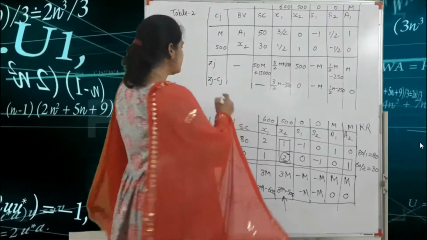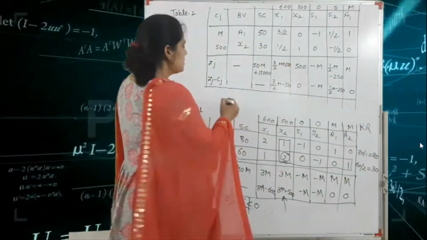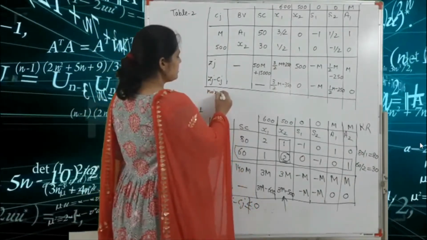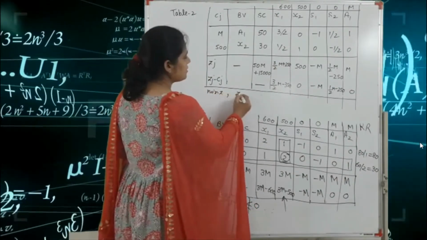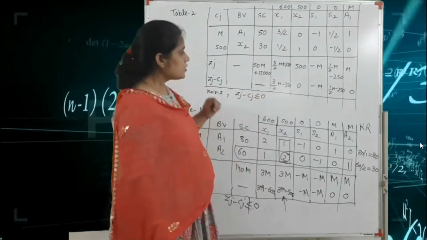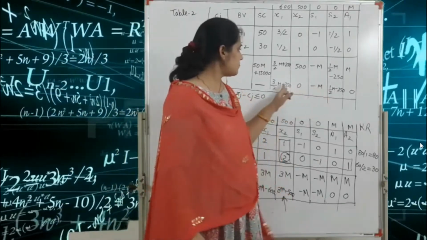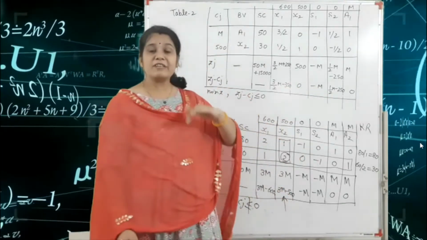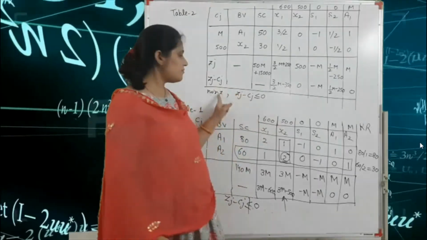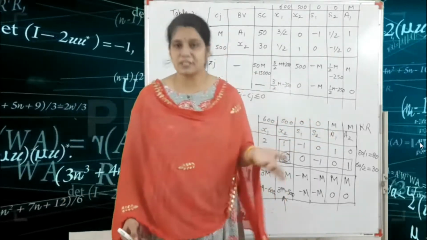Okay, so what is the condition? Our question is given in the minimization form. So for finding the minimization z, the condition is zj minus cj always less than or equal to 0. Here these values are negative, but these two values are positive, because M is a very large quantity, as our question is given in the minimization form. So M is a very large positive quantity.